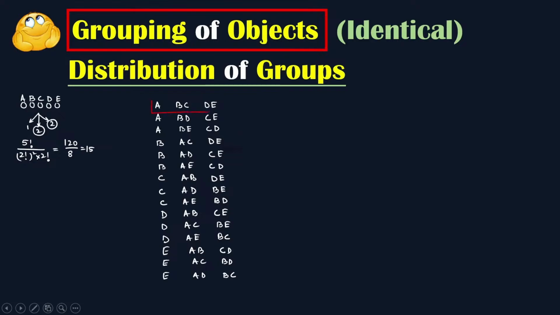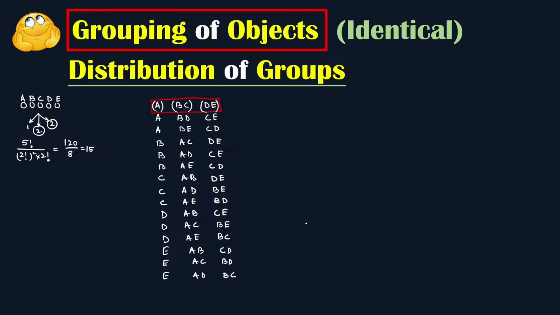Let me take the first one. One group contains A, another group contains B and C, and the third group, I should not say third group, because the moment I say third group, it becomes identified. Groups are not identified. So one group contains ball A, one group contains balls B and C, another group contains balls D and E.